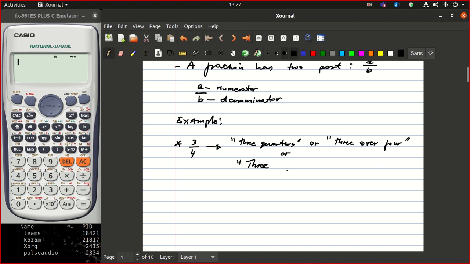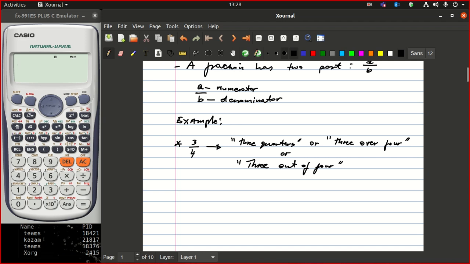So I have 3 out of 4. So these are 3 ways of reading the same thing. Remember, this is just the reading, which is telling us that it's 3/4 or 3 over 4 or 3 out of 4.